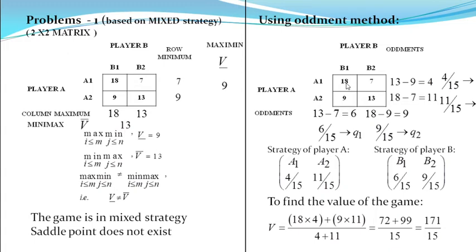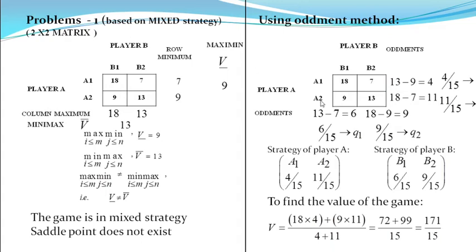So 18 multiplied by 4 plus 9 multiplied by 11, the entire thing divided by 4 plus 11, is equal to 72 plus 99 by 15. So that is equal to 171 by 15. So this is the value of the game.